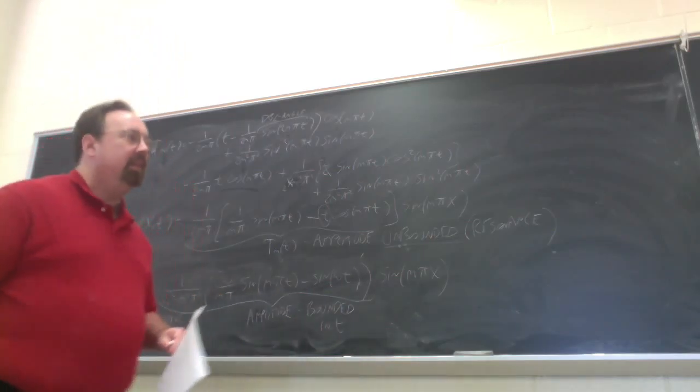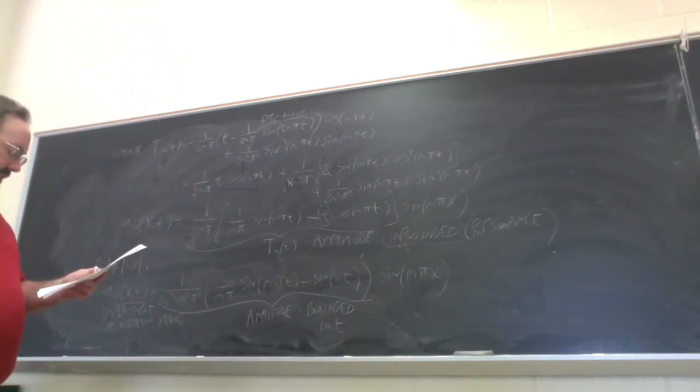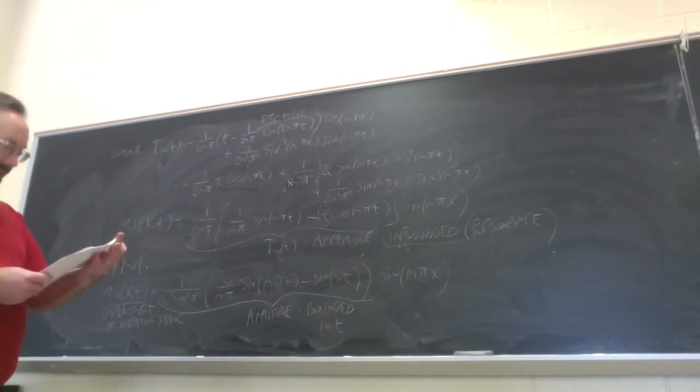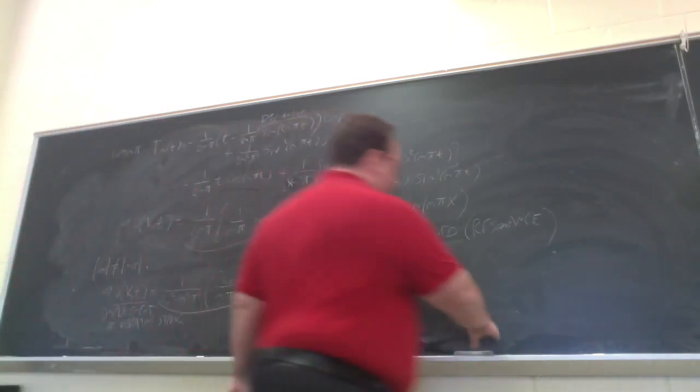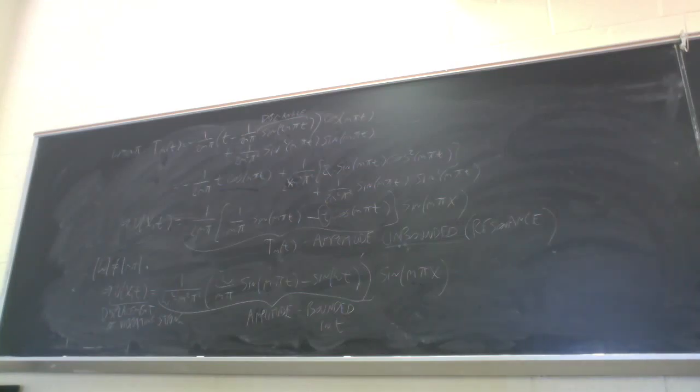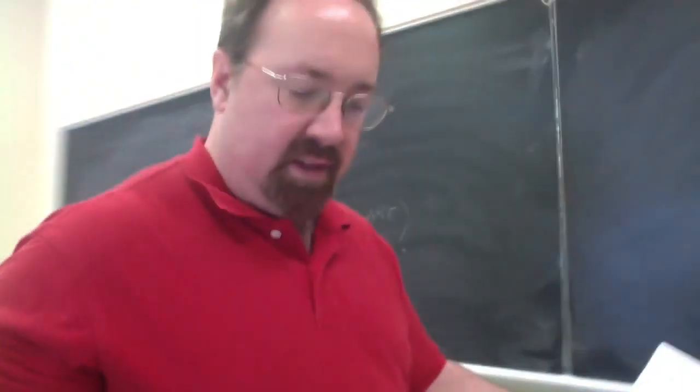Okay, so that's that example, and now I have another example that's a parabolic problem that I pulled from the exercises. Well, due to time, I might have to do this in a somewhat abbreviated fashion.